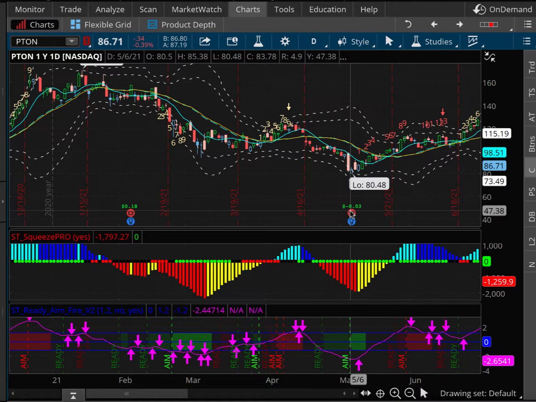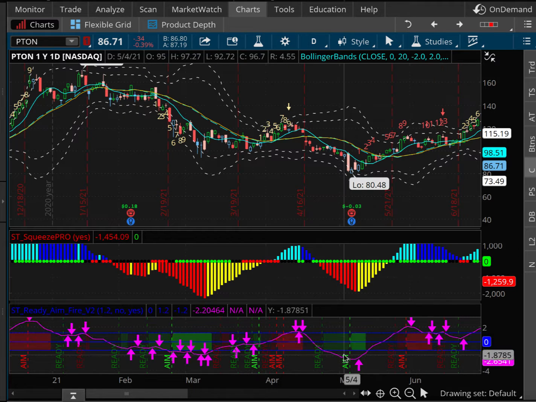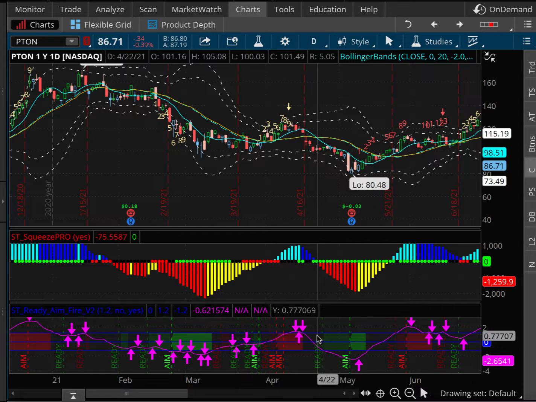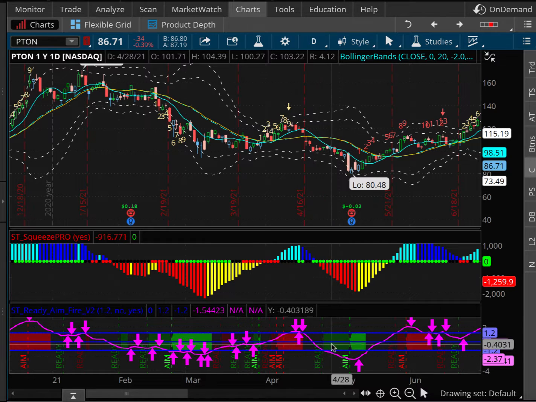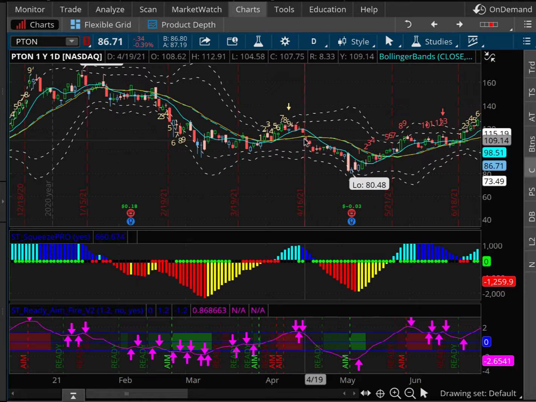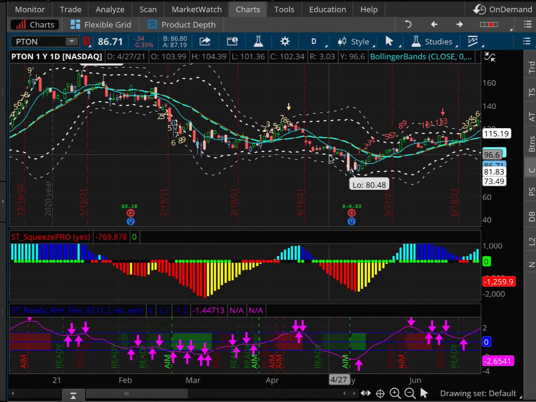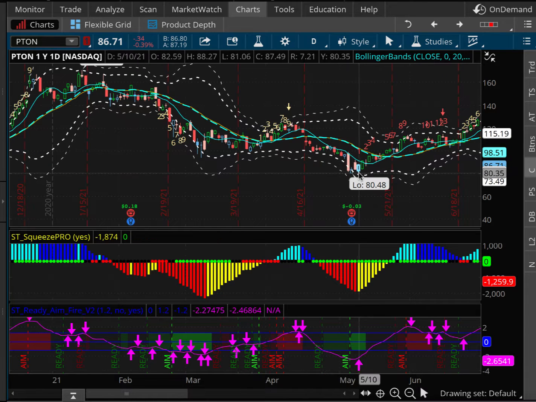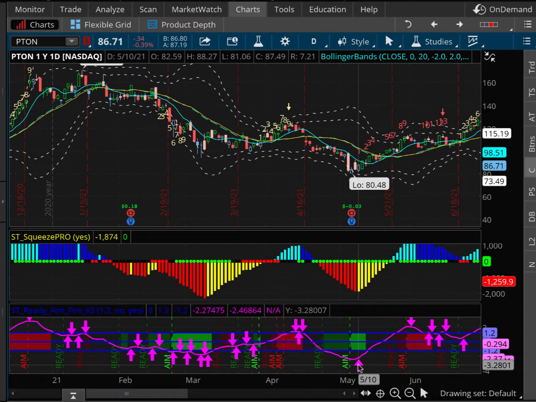So what the Ready Aim Fire helps with is it can detect when that type of reversal is about to occur, and then it indicates the reversal with this arrow.